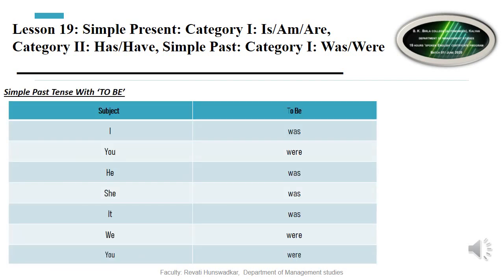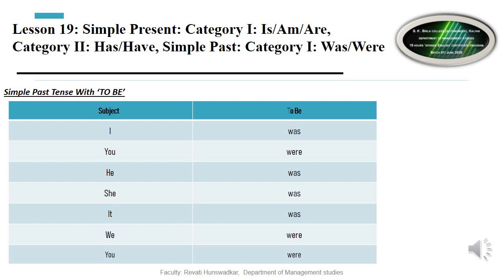Here are some subjects and to be of simple past tense. I was. You were. He was. She was. It was. We were. You were. For example, I was.